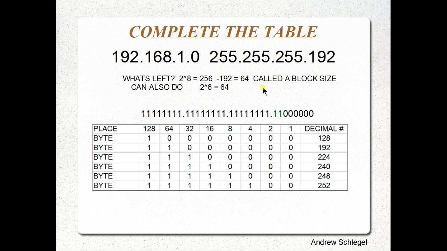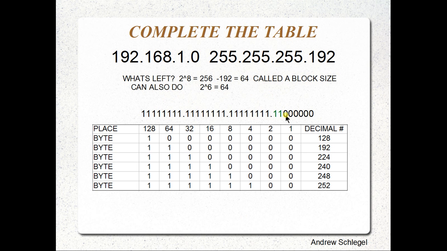So we already discussed this: 1 byte is 2 to the 8, which is 256. If I have 192 here, what's left? 64. So that's the block size. So that means my block size is 64, because the total size of this is 256, 0 through 255. Okay, so 192 actually makes fewer host addresses, but the block size is just 64.